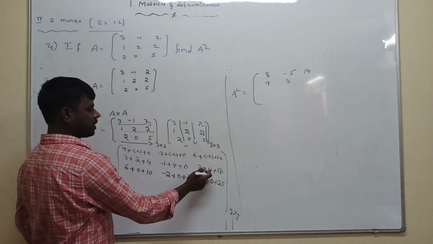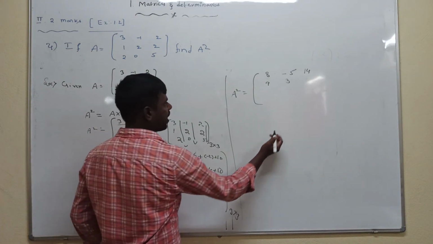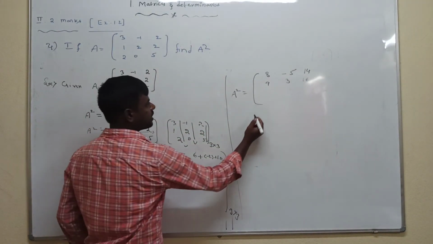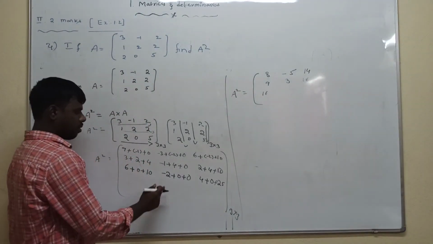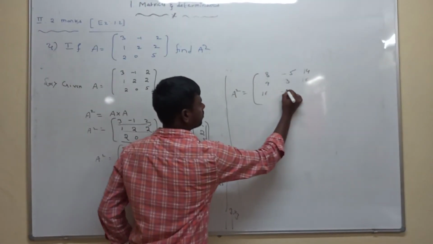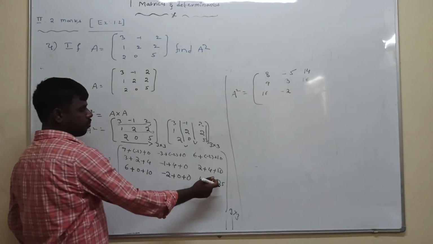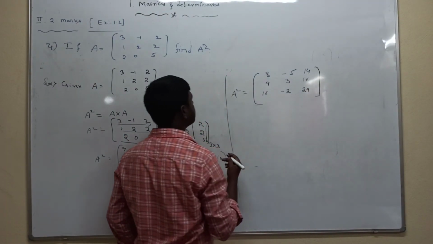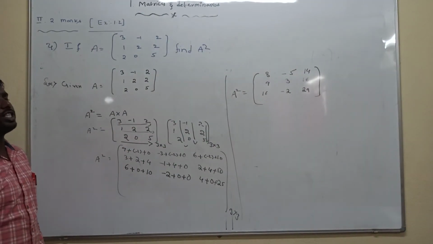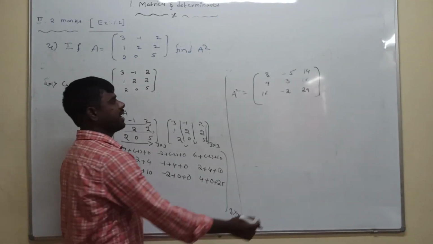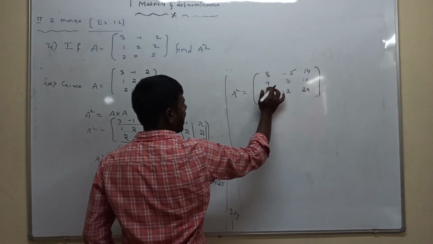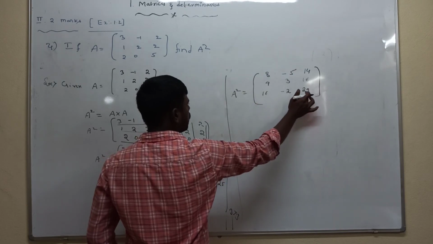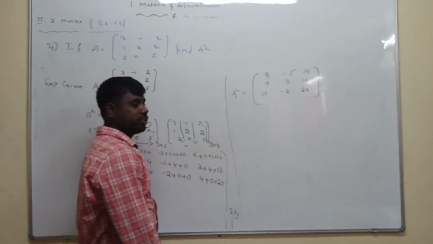Next, 2 plus 4 is 6, 6 plus 10, that value is 16. Minus 2. Next, 4 plus 25, that value is 29. So finally we got A square is equal to 8, minus 5, 14, 9, 3, 16, 16, minus 2. This is the required solution for this question.